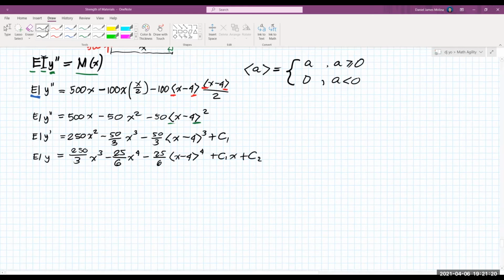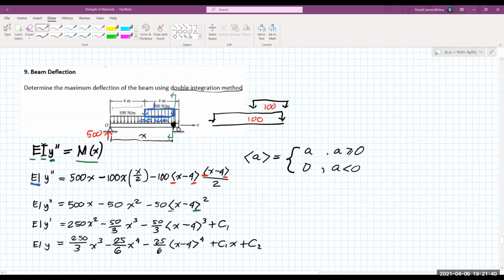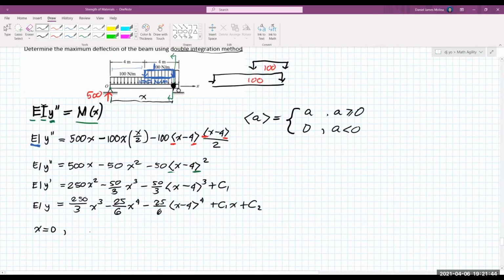Okay? So we need to solve for the arbitrary constants since we are dealing with a given beam. So to solve for the arbitrary constants, we need initial conditions. So basing from the figure, from the loads, at x equal to 0, that is at the left support, the deflection must be 0 since it's a hinge.